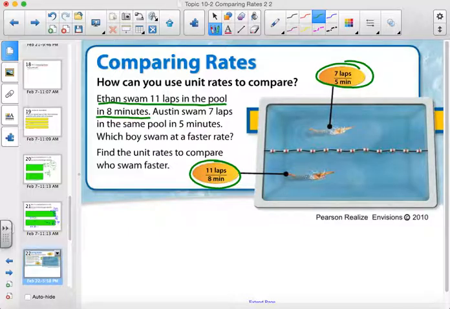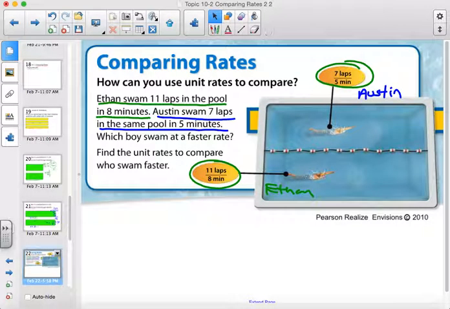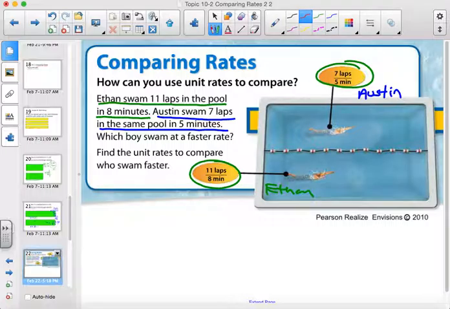So this must be Ethan right here. 11 laps in 8 minutes. Austin swam 7 laps in the same pool in 5 minutes. So up here, this must be Austin. Which boy swam at a faster rate?